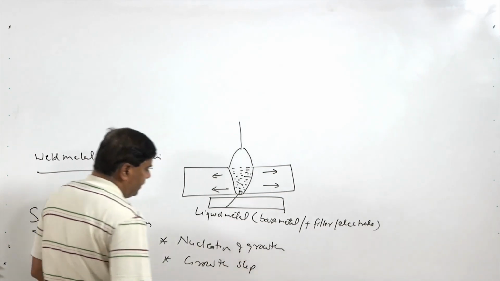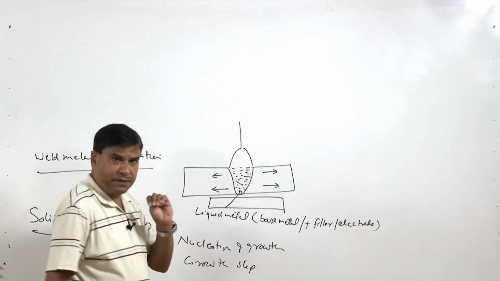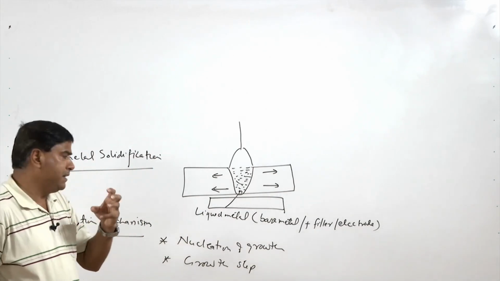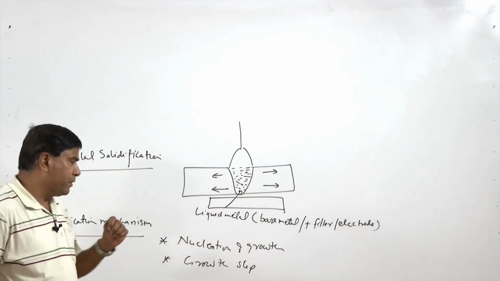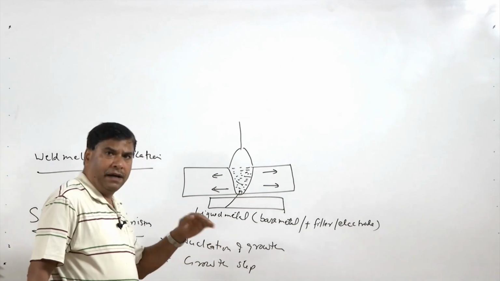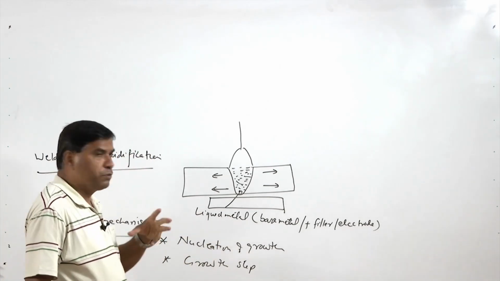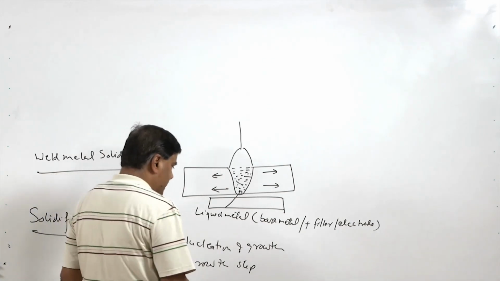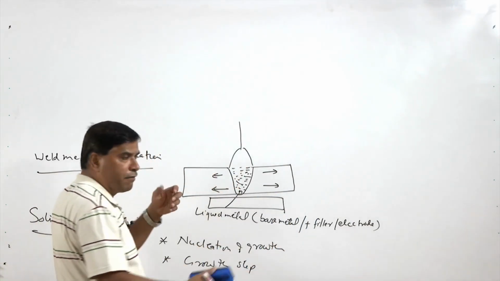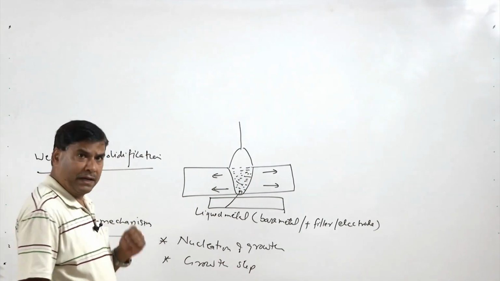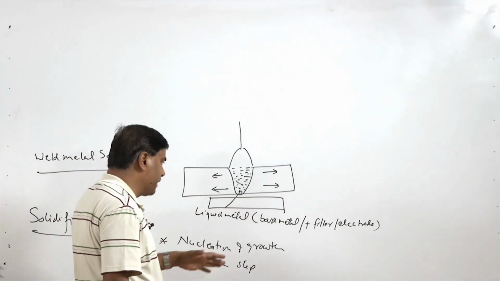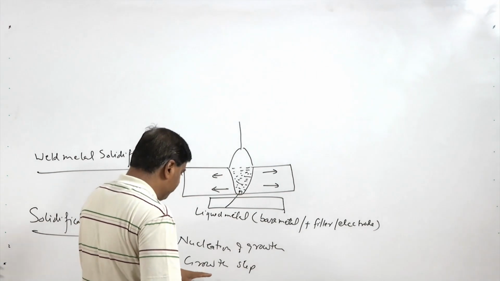In the first case, first the nuclei will be formed, or nucleation will take place first, and thereafter the molten metal is consumed by the growth of those nuclei to form the grains of different sizes. So, the more nuclei are formed, the finer will be the grains, and more grains will be formed in a given volume of the weld metal.